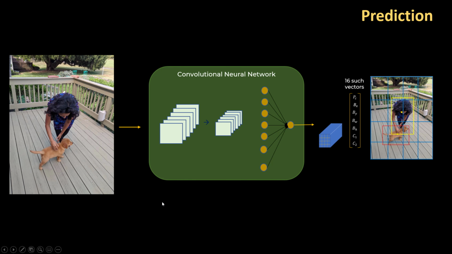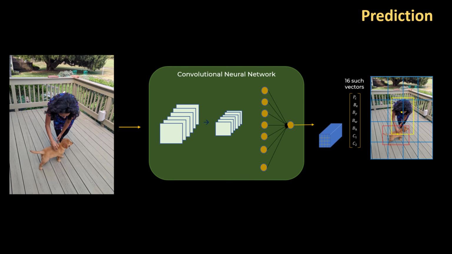So this is the YOLO algorithm. It is called You Only Look Once because we are not repeating it. We are not doing something like, okay, we have 16 cells, so we input it 16 times and do 16 iterations. In one forward pass, you can make all your predictions. That is why it is called You Only Look Once.